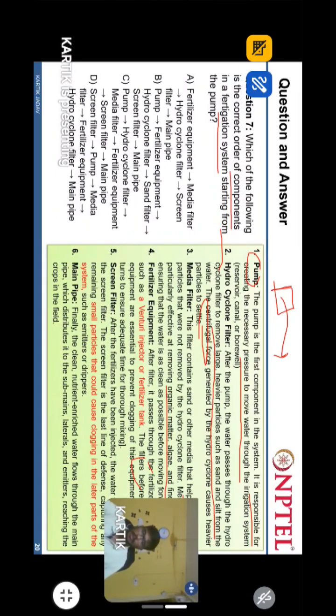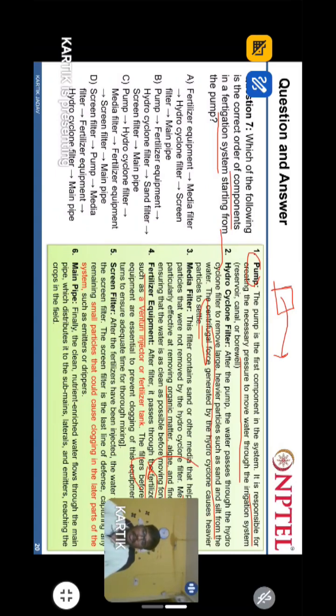After the media filter, we have the fertilizer equipment that we have discussed. We generally have three types: venturi injector, fertilizer tank, and injection system. In that, we are mixing the fertilizers, that is either major or macronutrients, into our water that is filtered through the hydrocyclone and media filter.